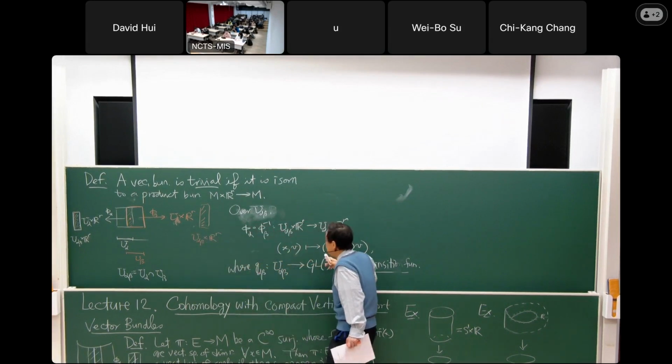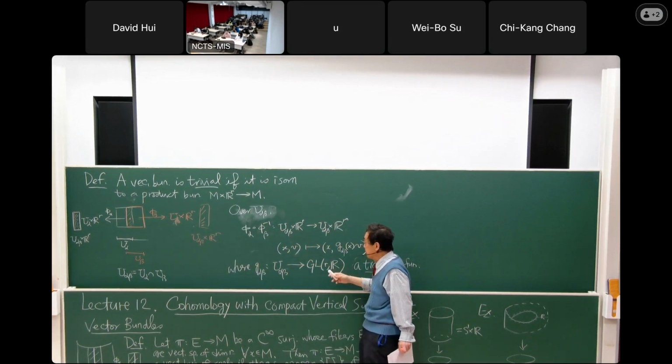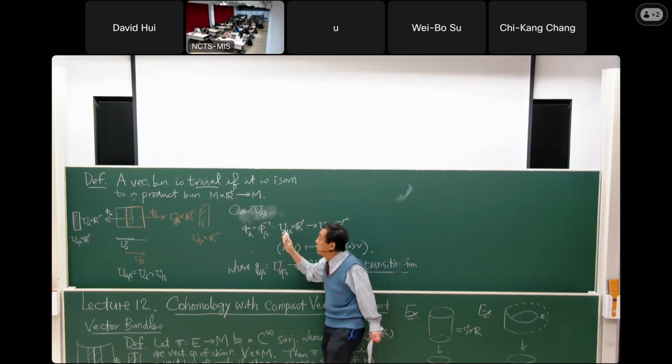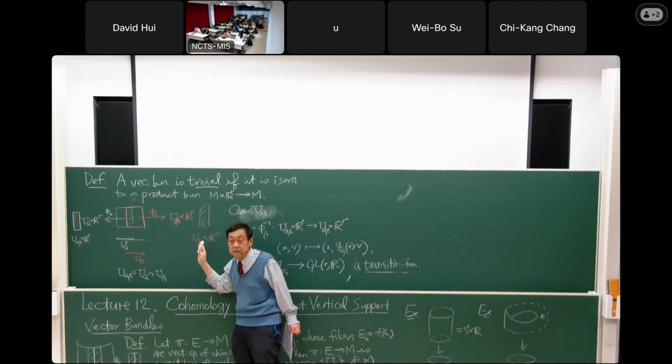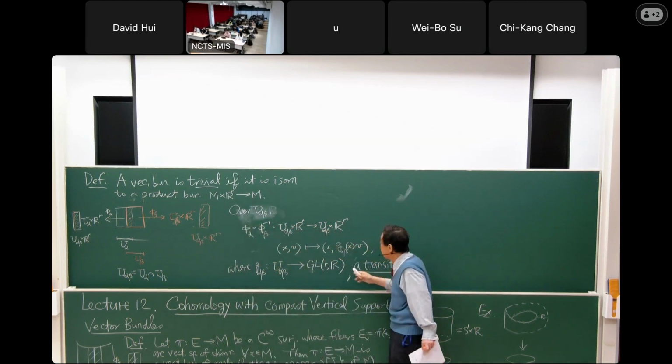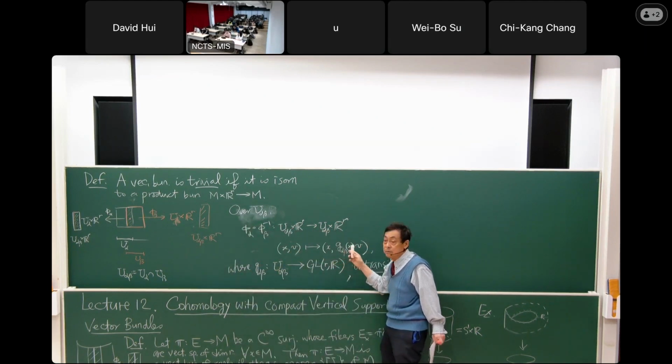And it might happen that these g alpha betas always preserve the orientation. In that case, this linear transformation will have positive determinant.